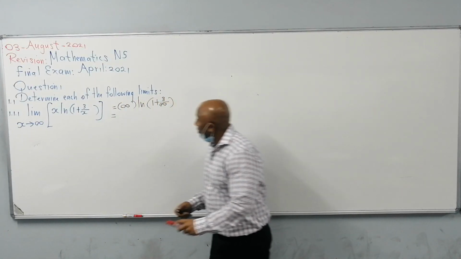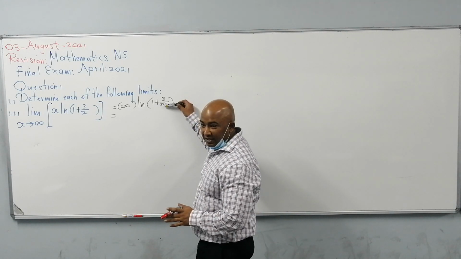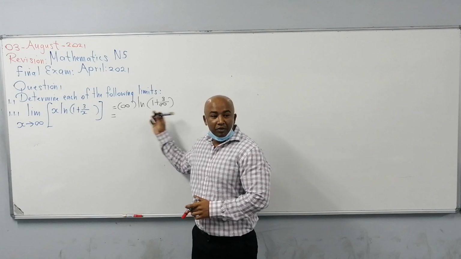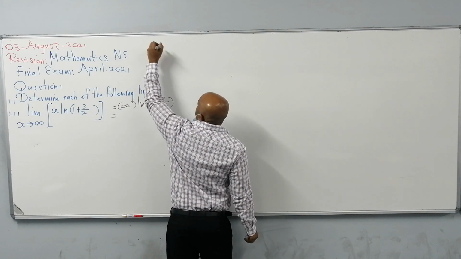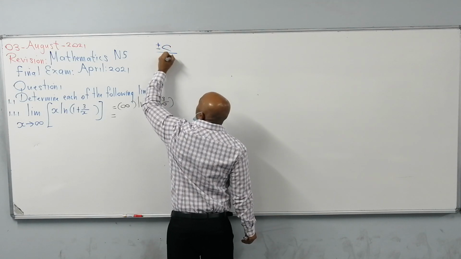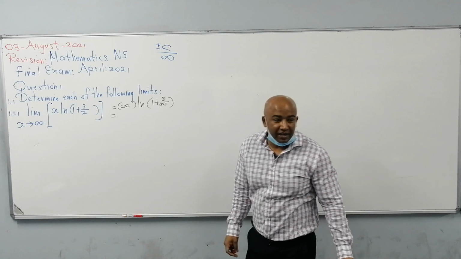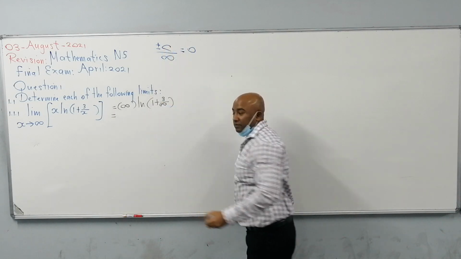Now, remember, as we are approaching infinity, if your denominator approaches infinity, if you remember your rules, if I have a constant, whether it's positive or negative, and you divide by a very, very large number like infinity, you approach 0.